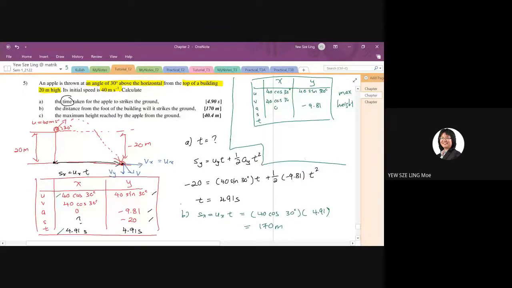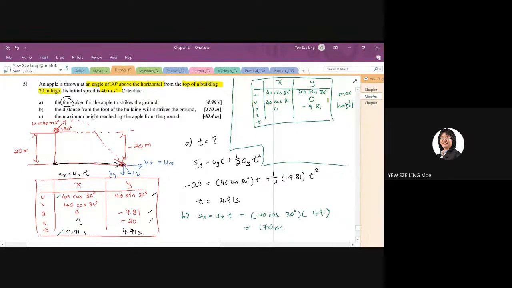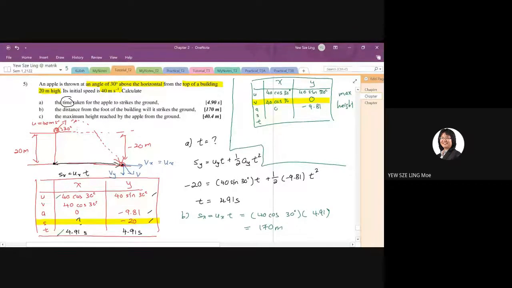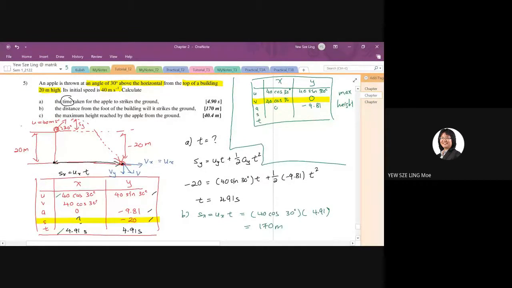The difference between these two tables is now you have information about v. Vy at maximum height is 0. So this is the main difference between these two tables. Now you cannot use s equals negative 20 anymore, because you don't know what the s is. So sy now is an unknown value. And then time, can you use 4.91?